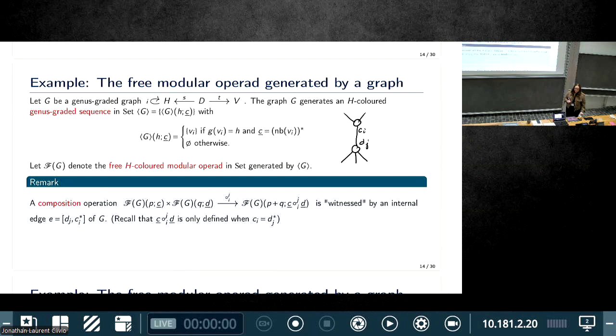this internal edge here. So if I have these 2 elements in my neighborhood, this internal edge means that the involution takes Dj to Ci, or vice versa.